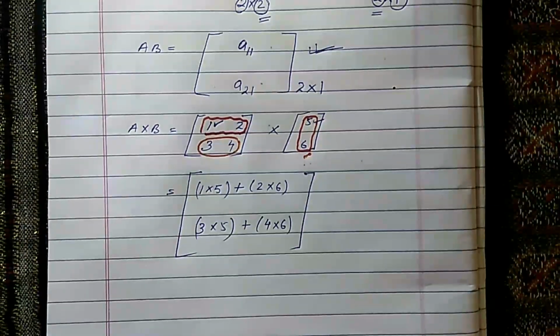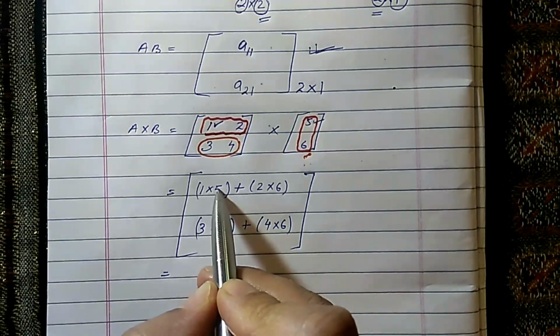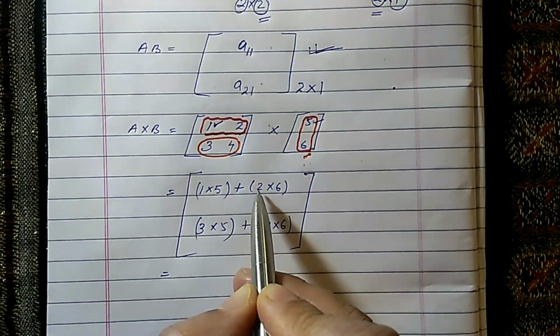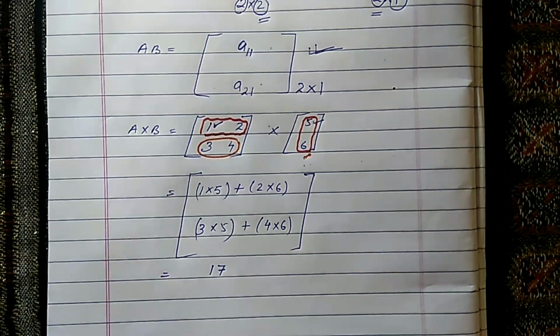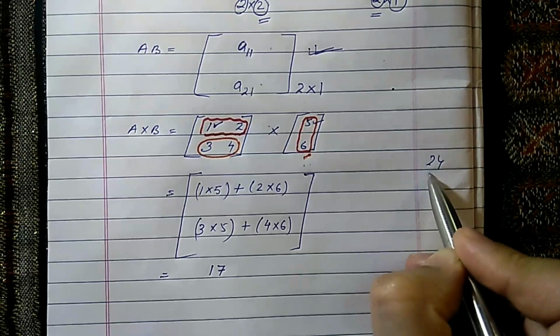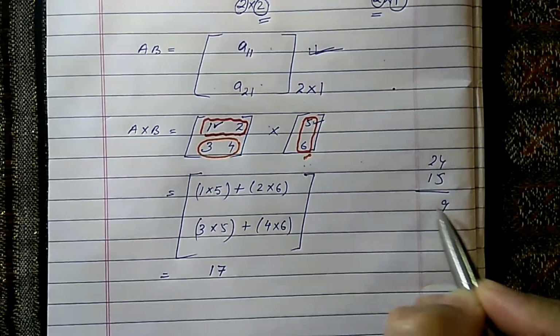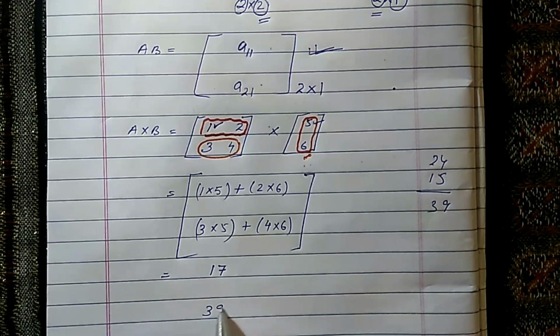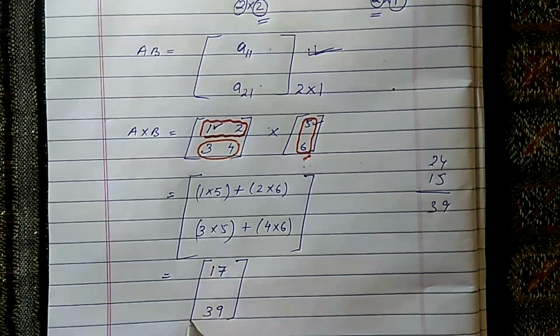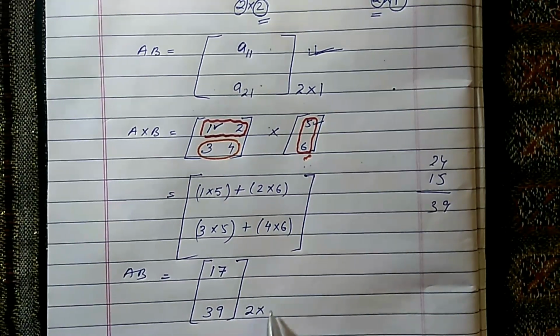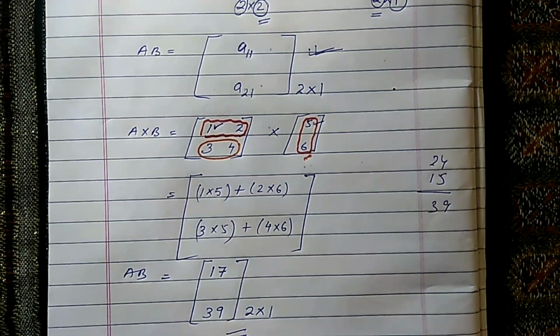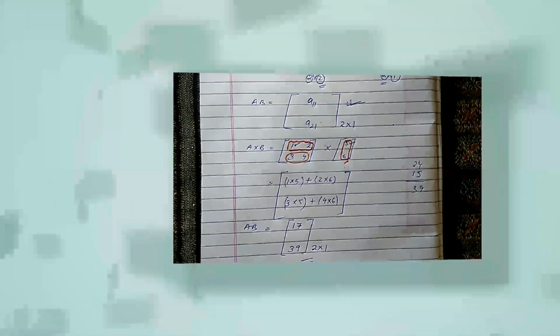Now let us simplify this. 5 into 1 is 5, 6 into 2 is 12, 12 plus 5 is 17. 3 into 5 is 15, and 6 into 4 is 24, so 24 plus 15 is 39. So now we got the resultant matrix AB whose order is 2 by 1. So that's how we do the multiplication of matrices.